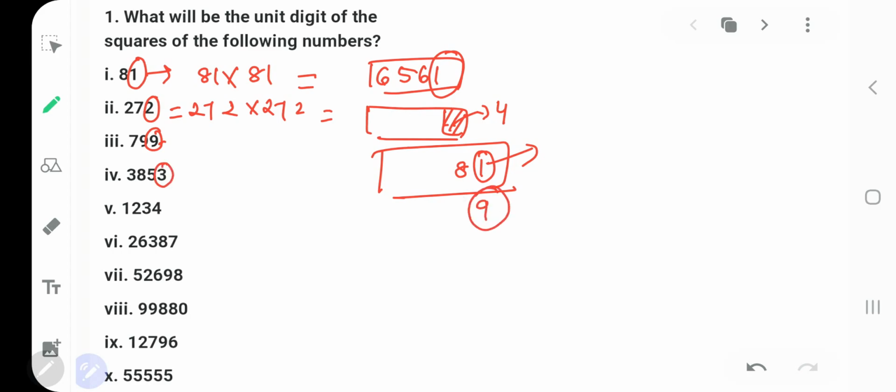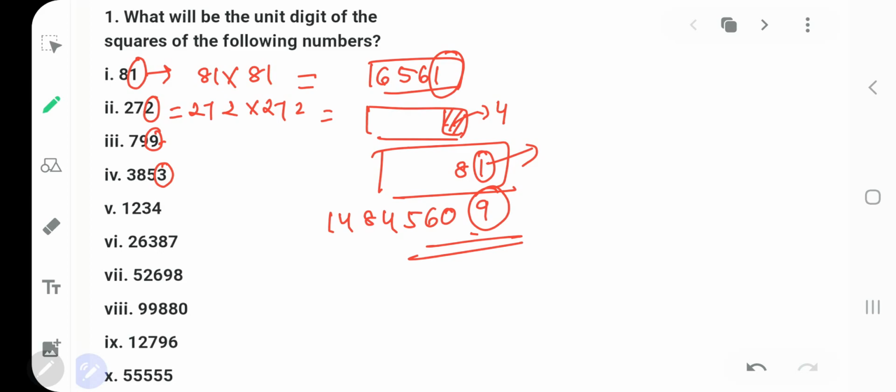So the unit digit of the square of 3853, if you want you can calculate 3853 into 3853, you will notice the answer is a big number ending in 9. So the last digit of the square of 3853 will be 9.